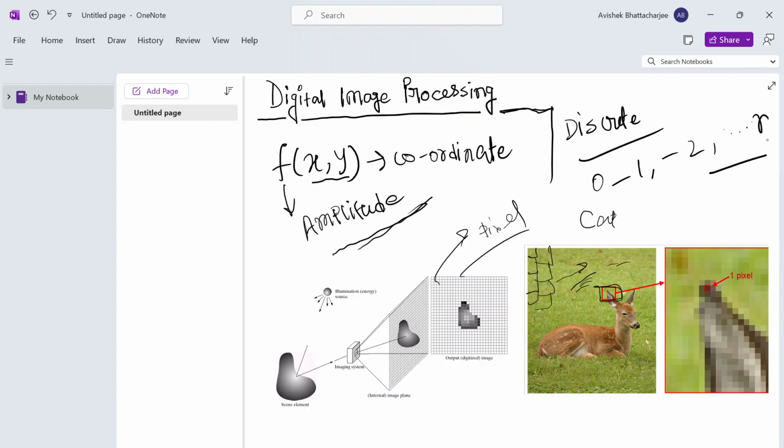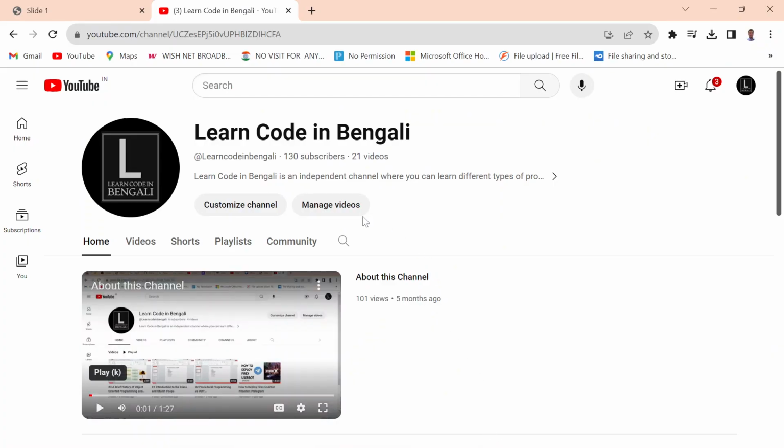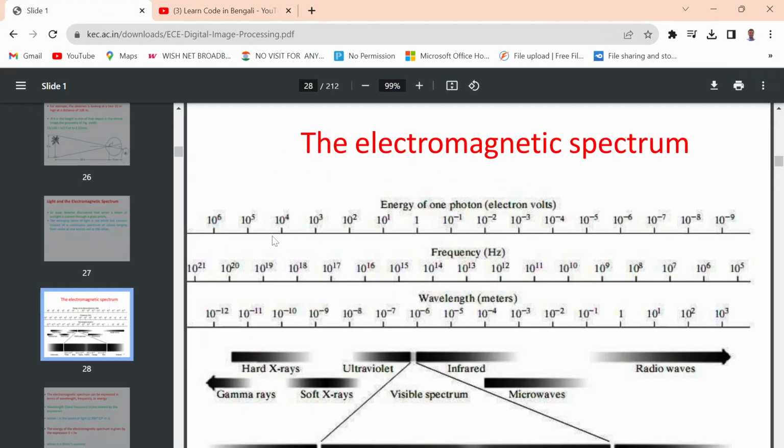There are different types of image processing. First of all, 10 to the power 6: this is the gamma ray. Where do we use gamma rays? In PET, where the properties of photons are used to diagnose the images.